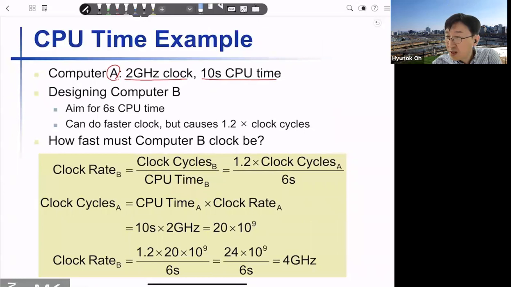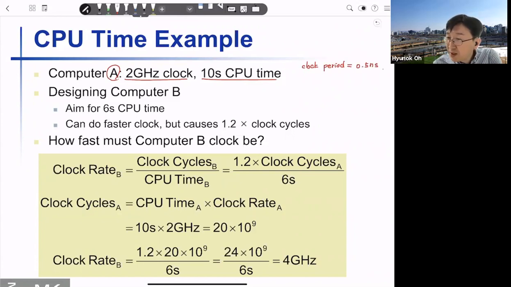Then what's the clock period on this machine? 0.5 nanosecond. Okay, so this is the clock period.